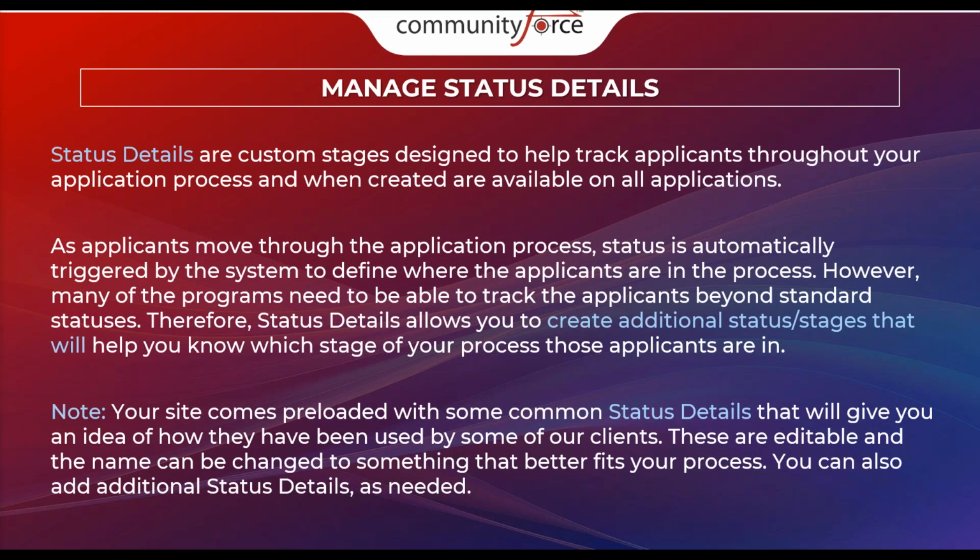You can create status details that say accepted round one, declined round one. Then when you're going to do your assignments for round two, you can filter and say only give me applicants based on accepted round one, and those are the ones that are going to come over. So it allows you to filter applicants based on status details.